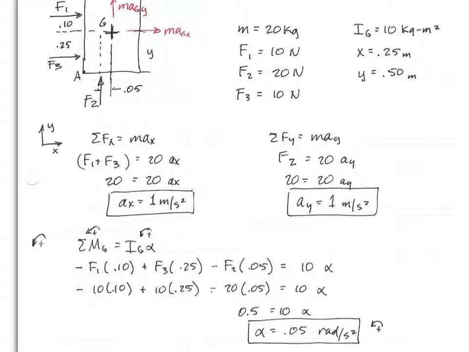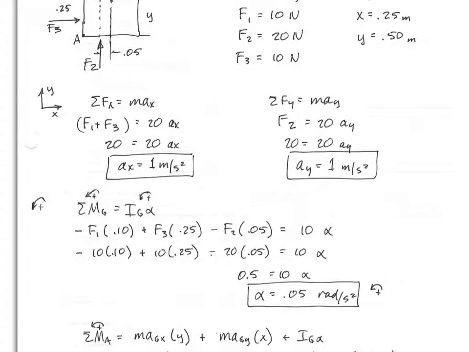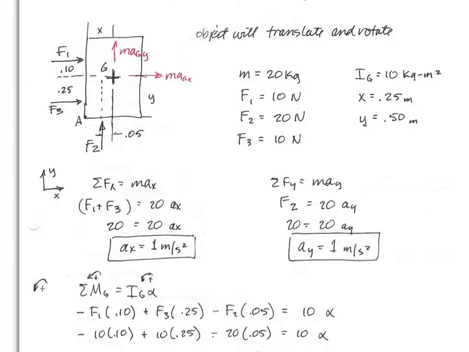So F1 is negative and F3 is a positive moment. F2 right here is actually going in that direction as well, and so that's going to be in the clockwise direction, which will be a negative moment. That's going to be equal to I_G alpha. I_G was given to us there as 10, so we can solve that for alpha quickly and see that alpha is equal to 0.05.